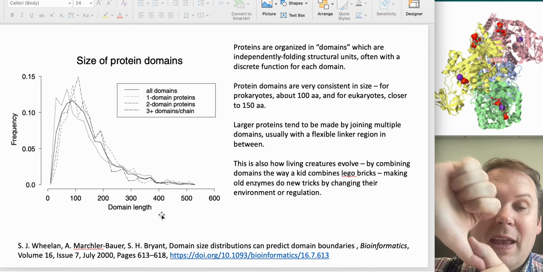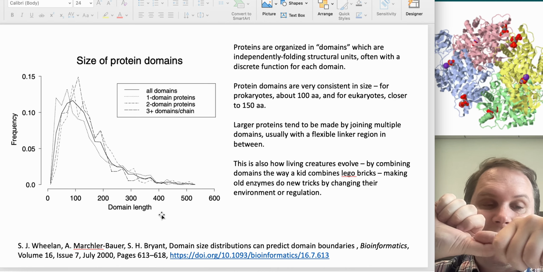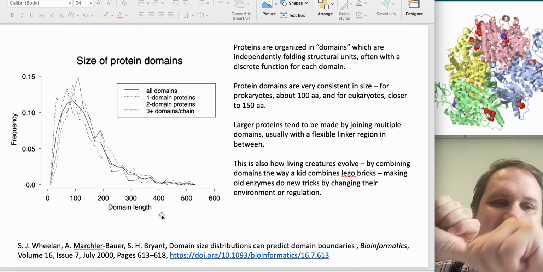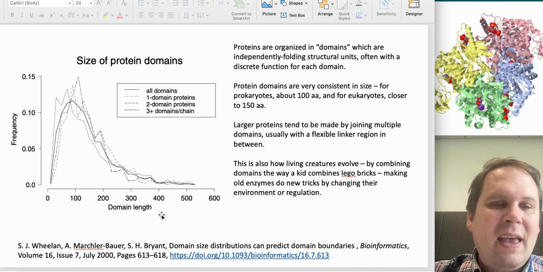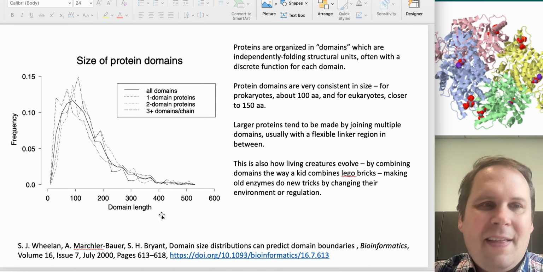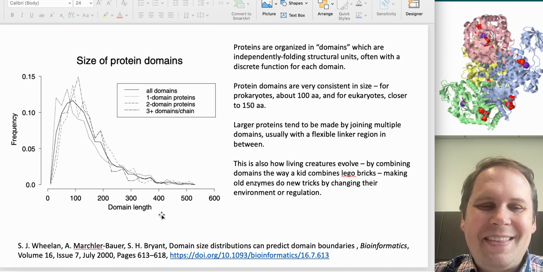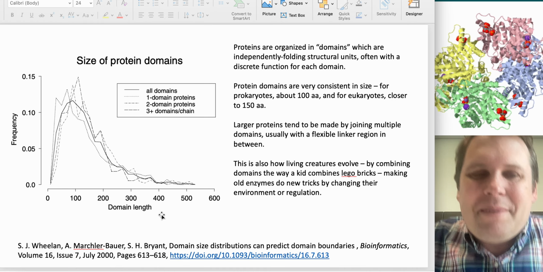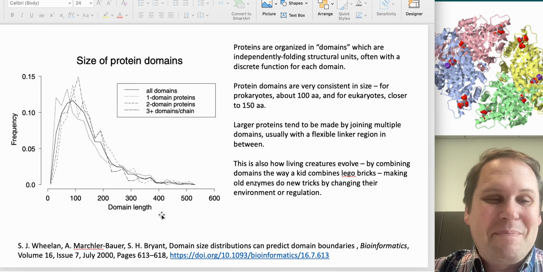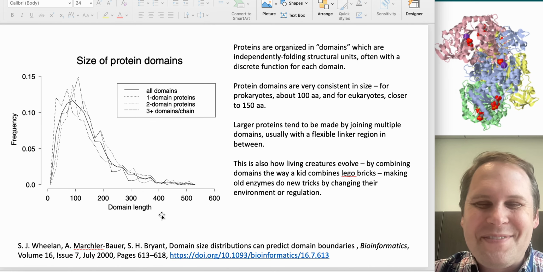And so let's say this domain is an enzyme and this domain sticks to something. If you join them together, it's just like Legos. Now you have something that sticks and is an enzyme, and so it'll drive enzyme activity to a particular part of the cell. That's how evolution works. So we just take these parts that already exist, combine them in slightly different ways, and if it works and you don't die, then boom, you pass it on to your kids. Yeah, fantastic.